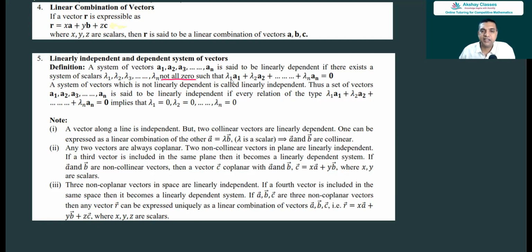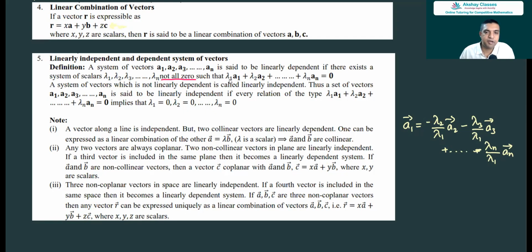So let us say lambda 1 is not zero. If lambda 1 is not zero, I can write a1 as minus lambda 2 by lambda 1 a2 minus lambda 3 by lambda 1 a3 and so on, minus lambda n by lambda 1 an, because this is holding true and not all are zero.